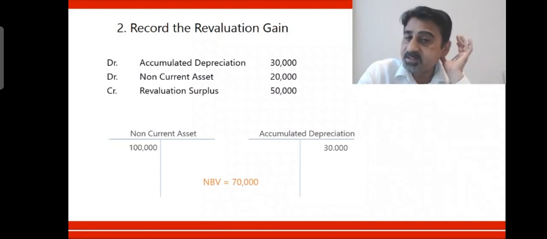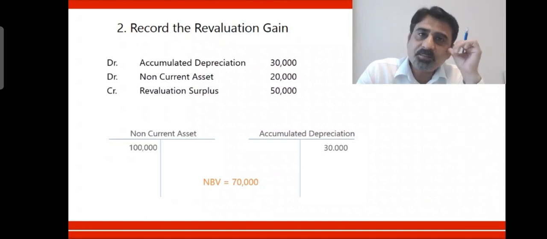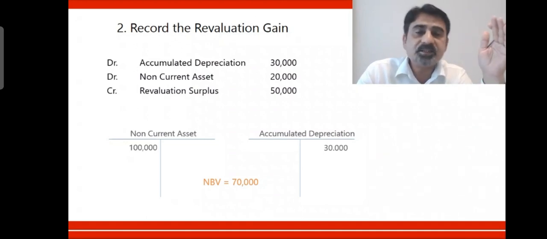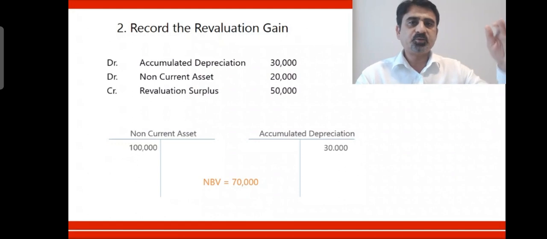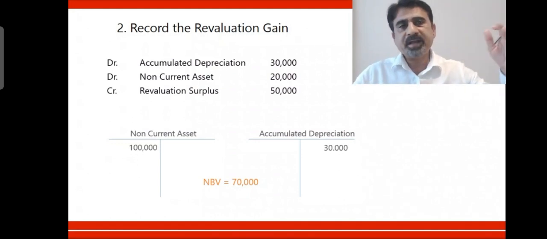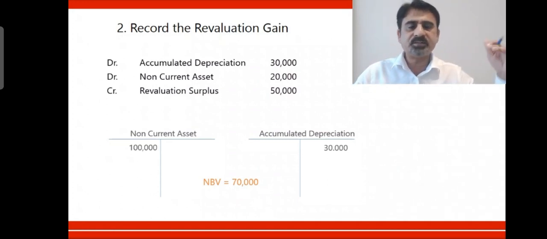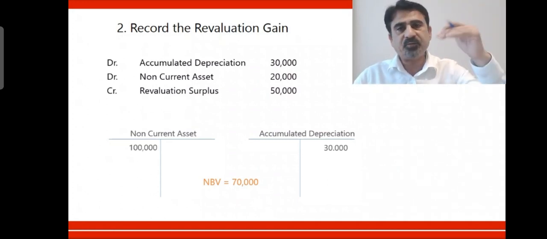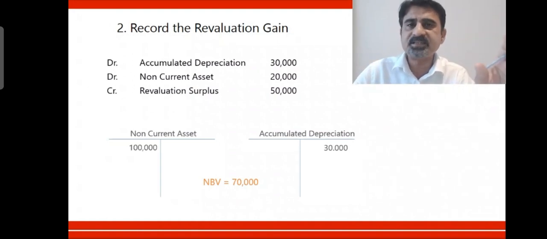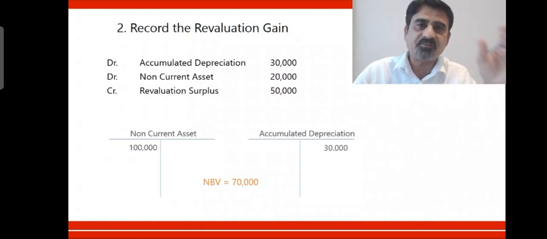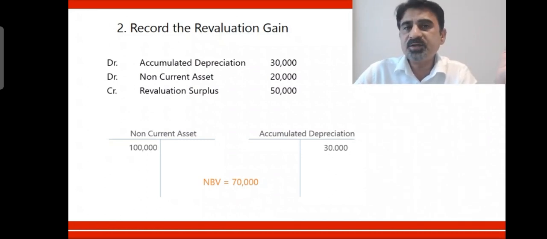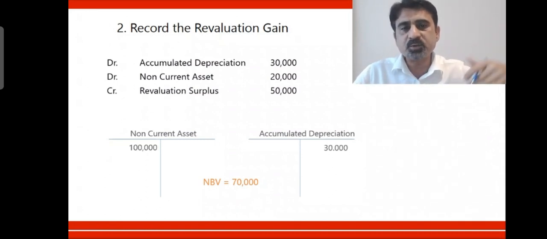Now what has happened? We assumed in the very beginning that the asset is losing value 5,000 every year. So at the end of the first year, we made asset 100,000 to 95,000, then second year 90,000, then third year 85,000. That's how we were decreasing the value of asset, because we assumed that asset was losing $5,000 every year. However, in reality, the asset was not losing value. In the market, the asset value was going up.